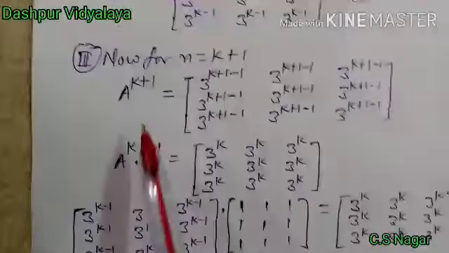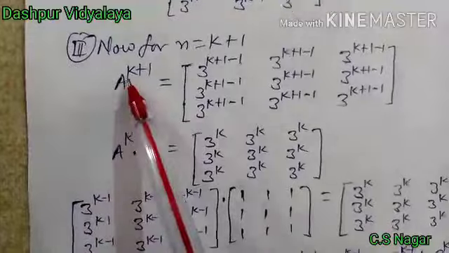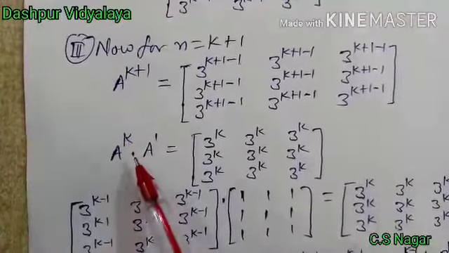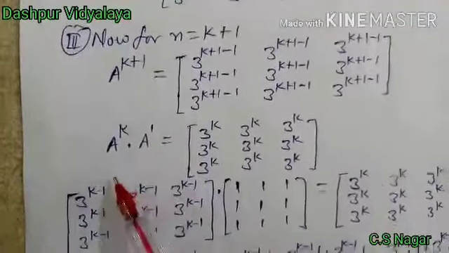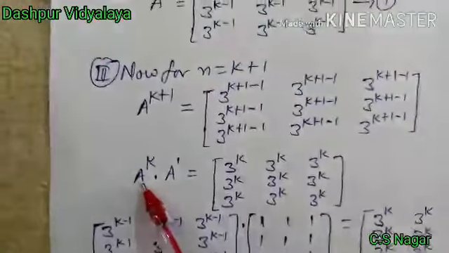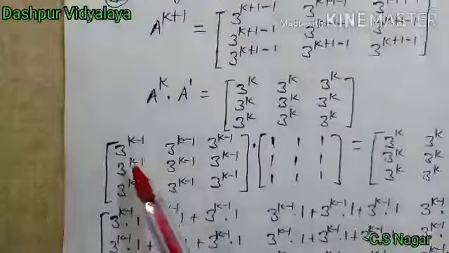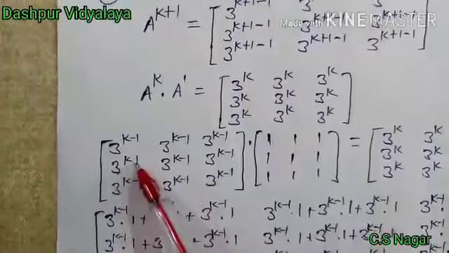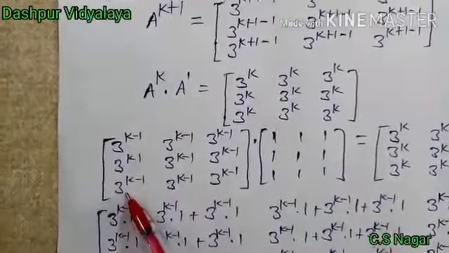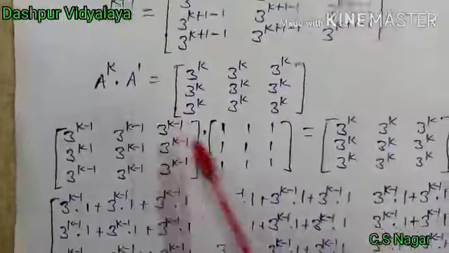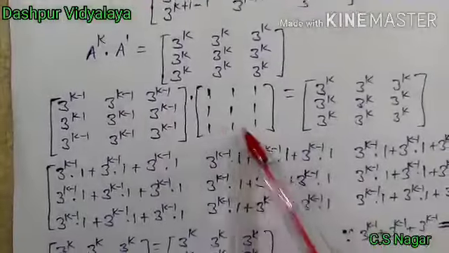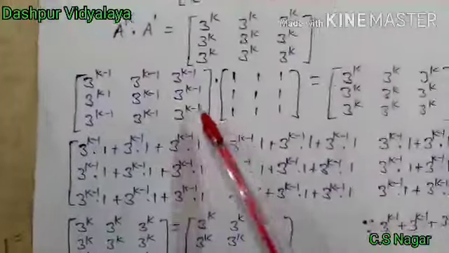This is our target. Now left side, A to the power k plus 1, it means A to the power k into A. Now A to the power k, which is true, so by using equation number 1, 3 to the power k minus 1, all the elements are same, and A, which is 1 1 1 1 1. Now find the product.